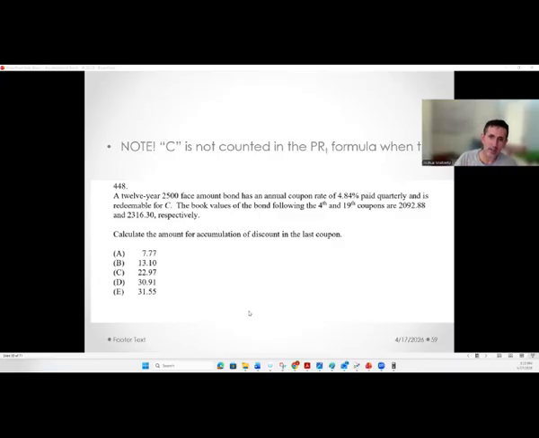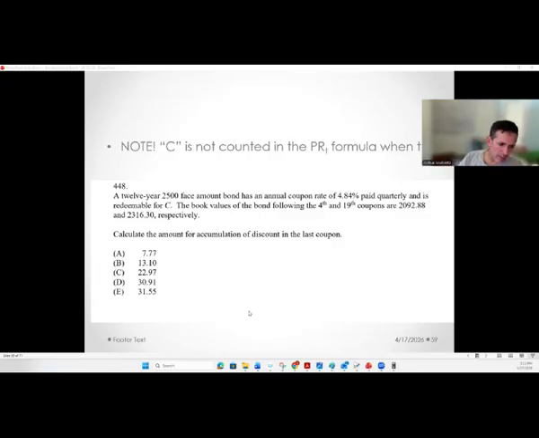So divide by 4 to get the actual rates for a period of 3 months. So the book value, remember that's just outstanding balance, after the 4th and 19th coupons are 2,092.88 and 2,123.16.30 respectively. I can read, I promise. Calculate the amount for accumulation of discount in the last coupon.